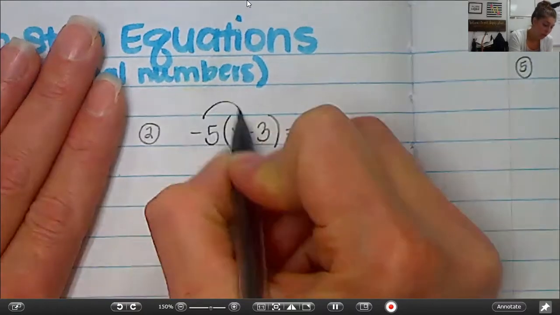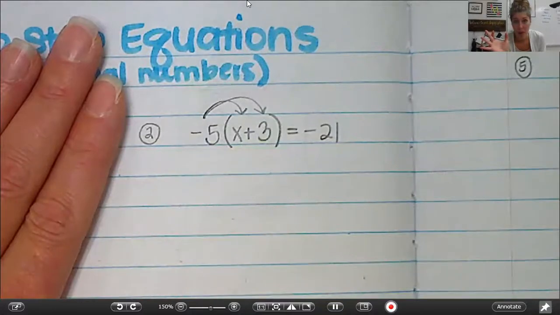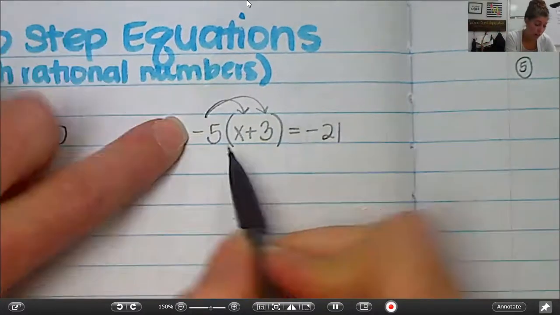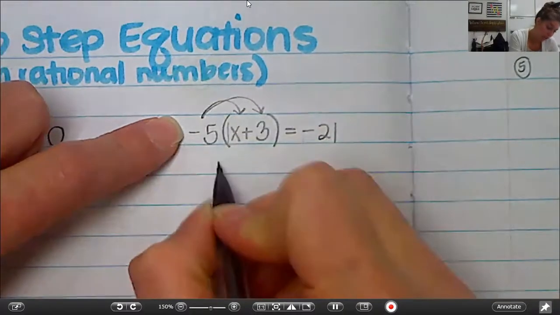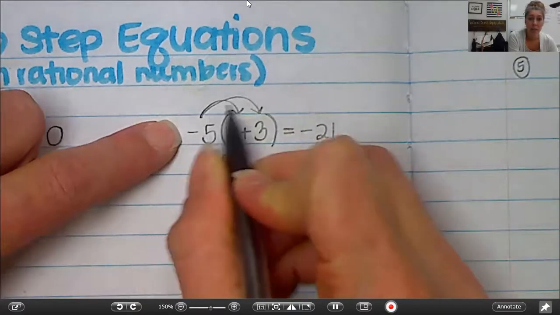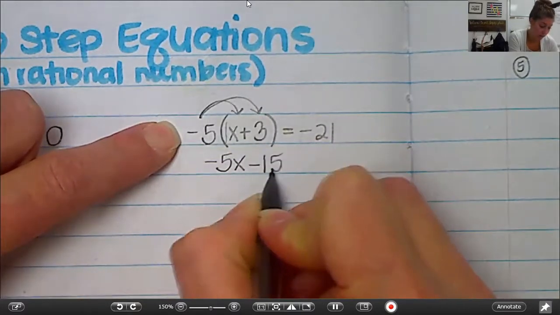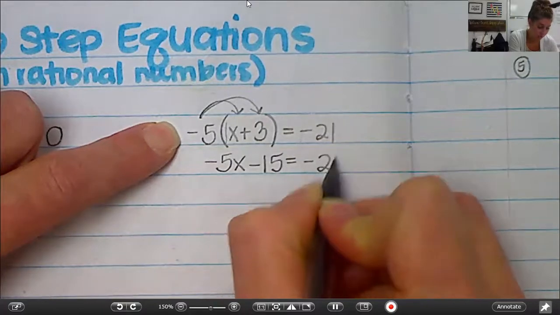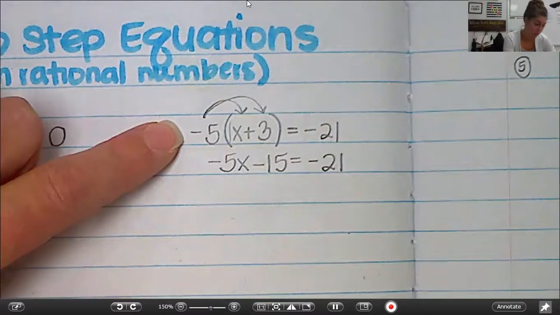So our first step is to always take care of that before anything else goes down. So -5 times 1x is -5x. Then -5 times +3 is -15. Okay? And then we're going to continue like normal.